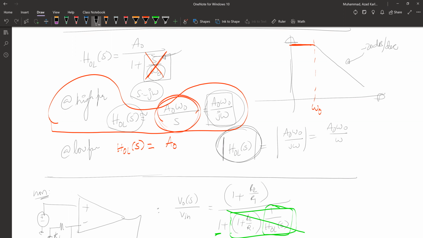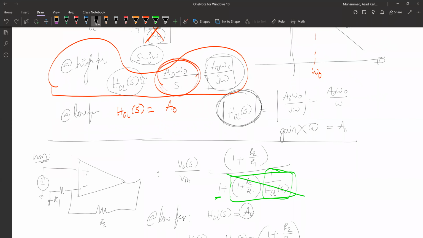So the gain of the open loop times the frequency is a constant value, A naught omega naught. So this is called the gain bandwidth product, which is a constant value and which is a property of the open loop op amp. Keep that in mind.